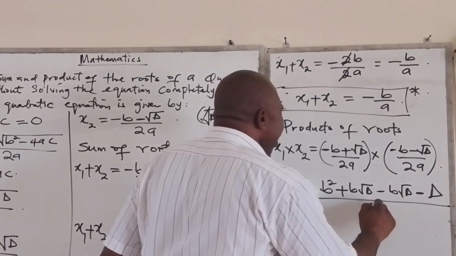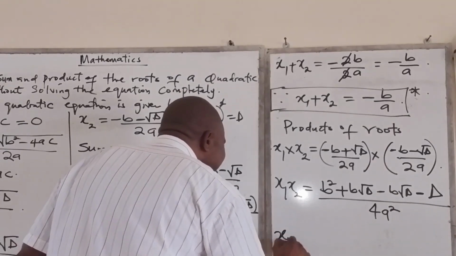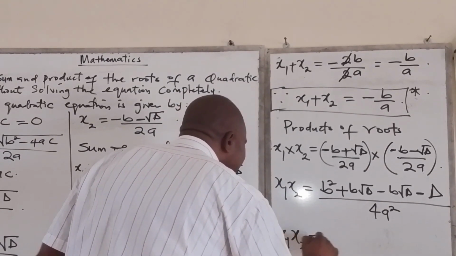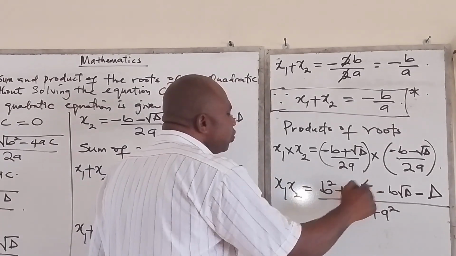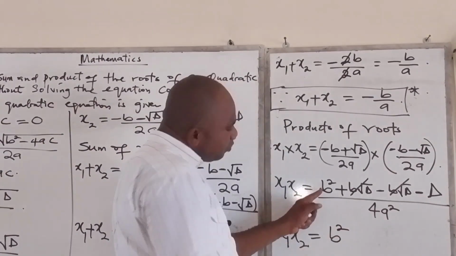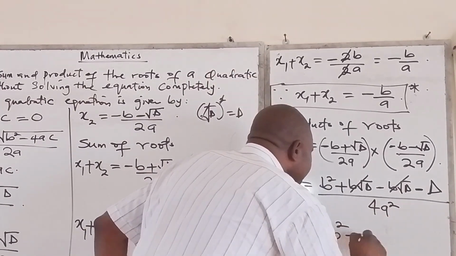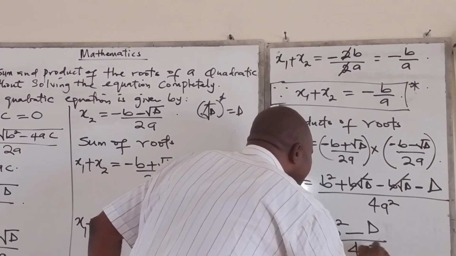That will give us 4a squared. So it therefore means that x1 x2, which is the same as x1 times x2, will be equal to, this will go with this, I will be left with b squared minus d all over 4a squared.